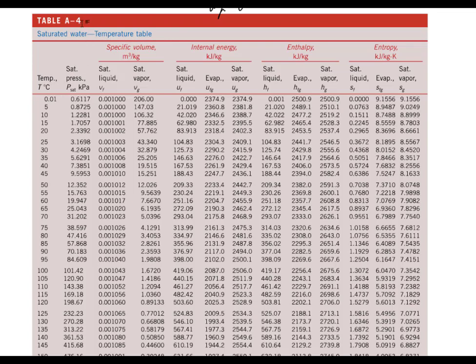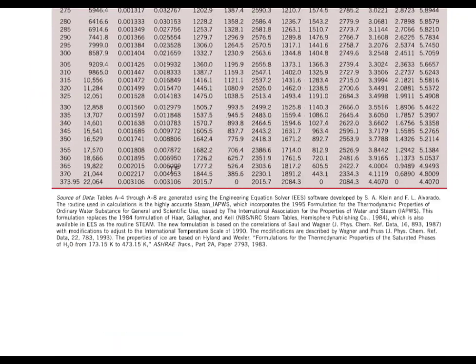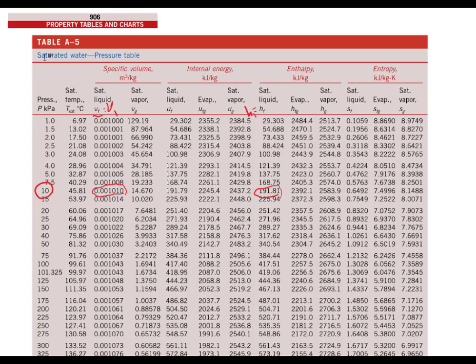As you can see here, table A4 is for the temperature, and we can find the properties like the enthalpy, entropy, internal energy, and specific volume for the water when we have the temperature for that state. But here what we have is the pressure. So we need to go to the table which is for saturated water, according to the pressure for that state. The pressure which we have here is again 10 kilopascal, similar to state 1.